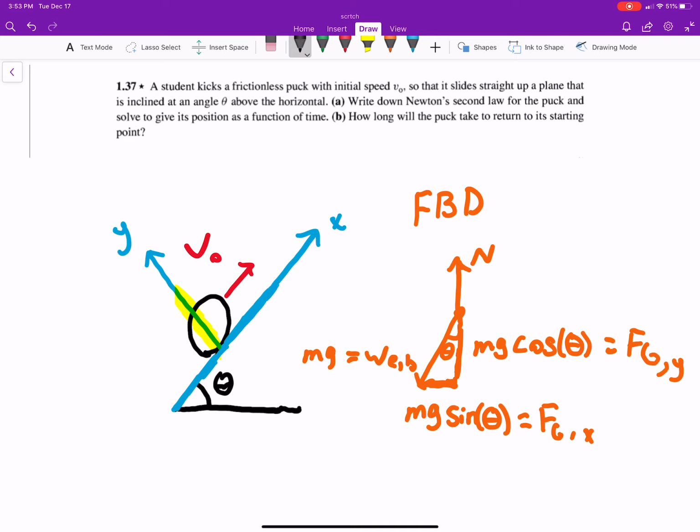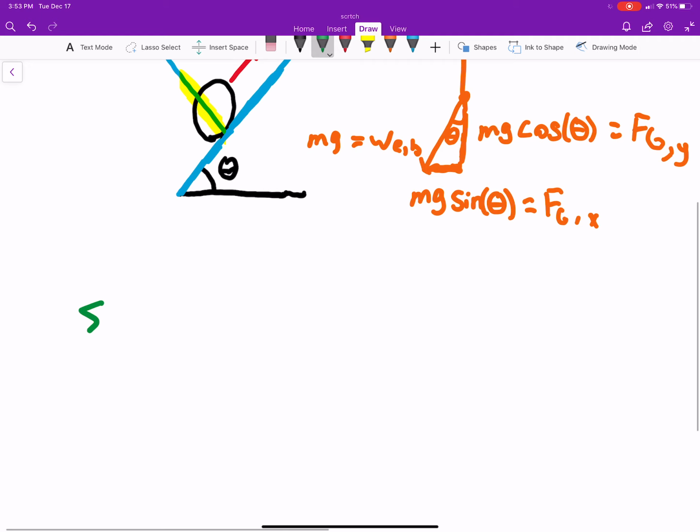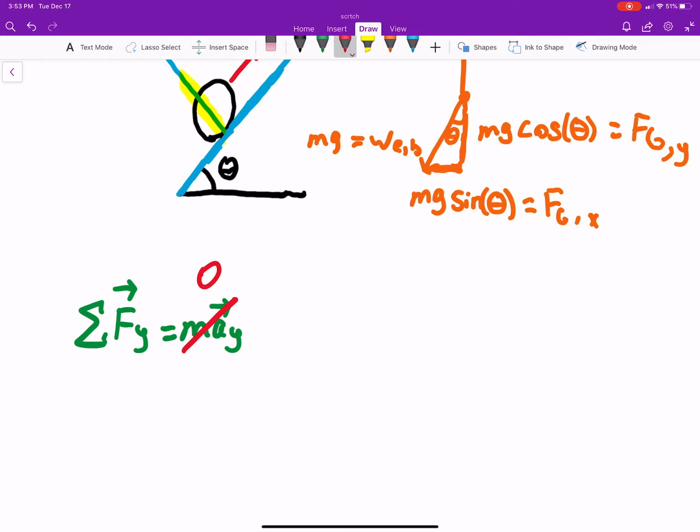All right, well, it wants us to find the equation for the puck's position. The puck's position is going to stay y no matter what. It's not bouncing up and down on the ramp. So if I did the sum of all forces in the y direction equal to mass times acceleration in the y direction, this is easy to say is 0.